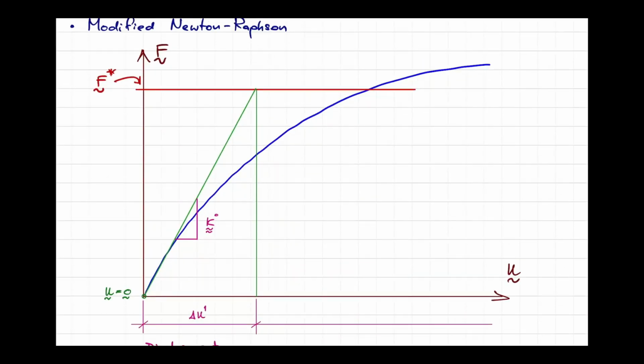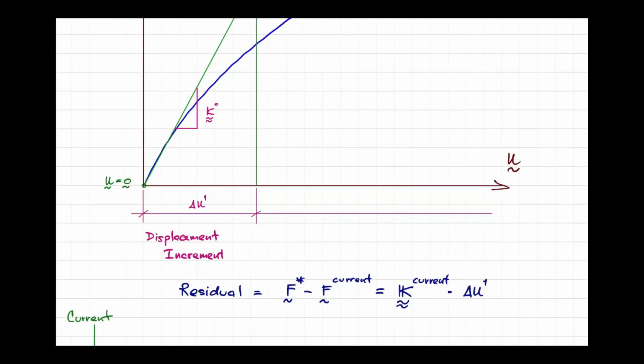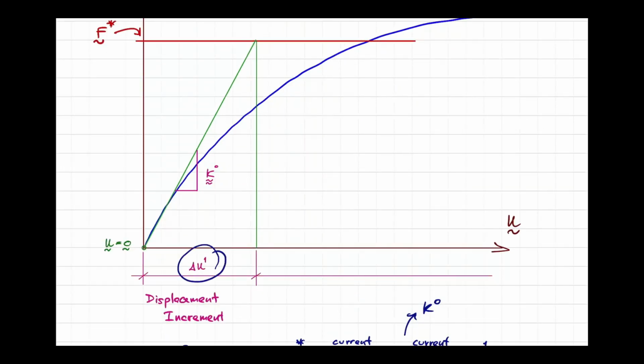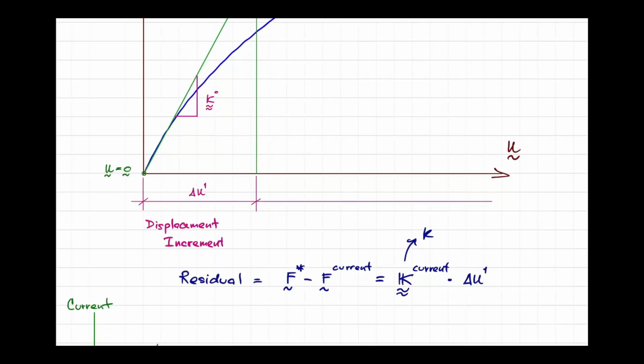F star minus 0 is the left hand side, which is equal to K evaluated at 0, K0. You know this slope, you know the height here, then you get the delta U1. So that's the linearization, and the first step was done.